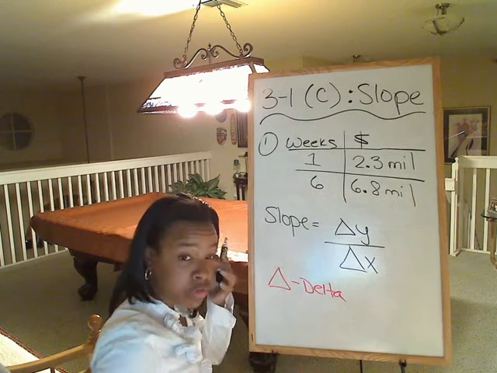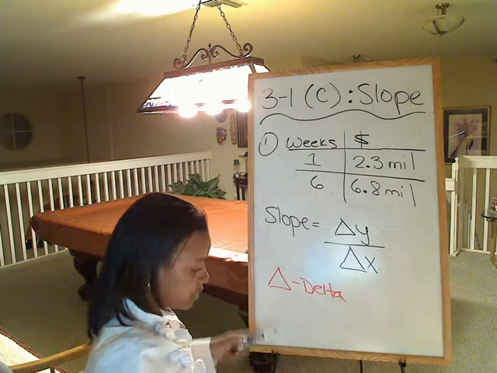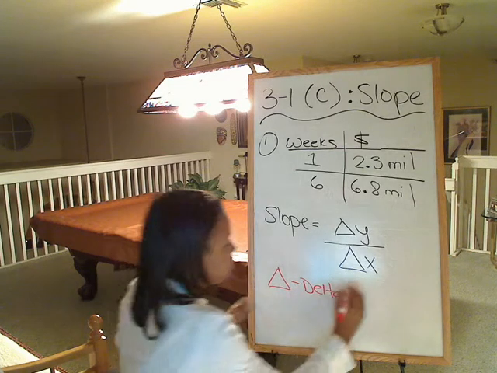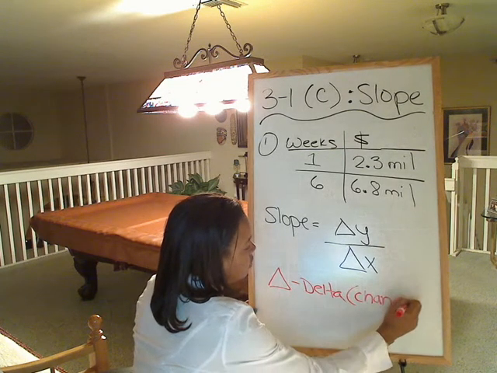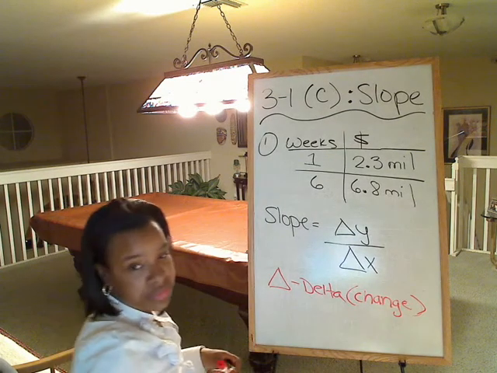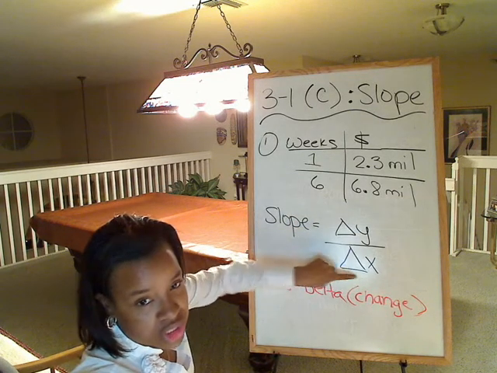You've ever heard of the sorority, the deltas? They usually make that sign. It's a triangle for delta. And delta means change, okay? So this means the change in the y's versus the change in the x's.